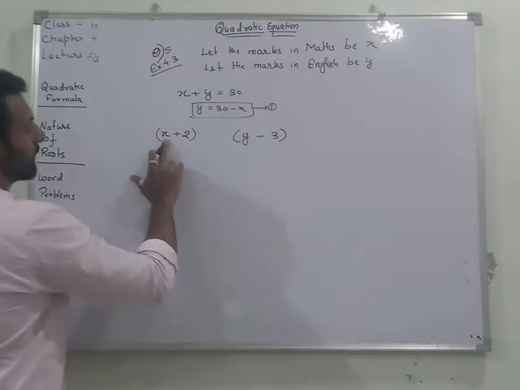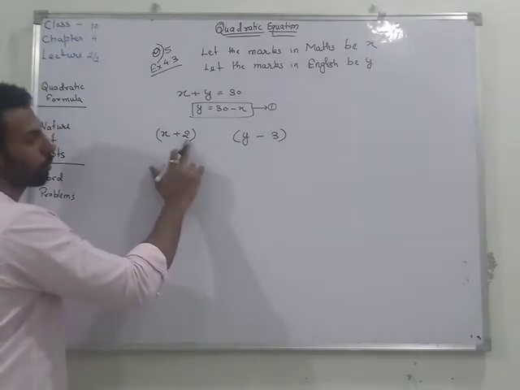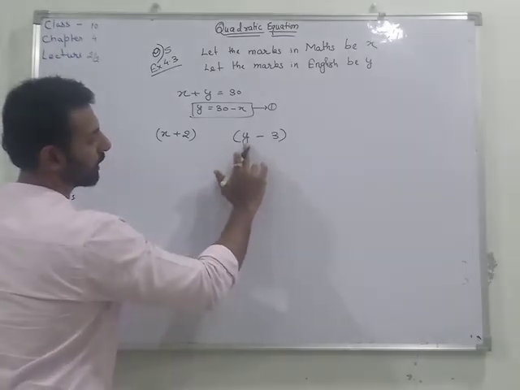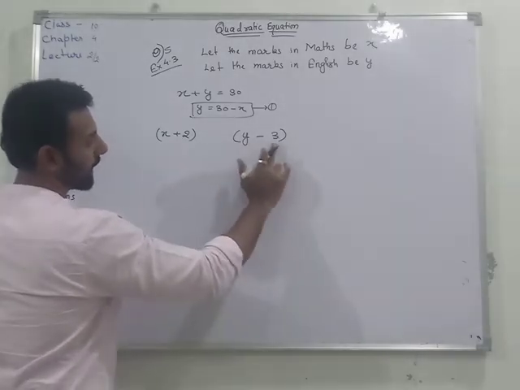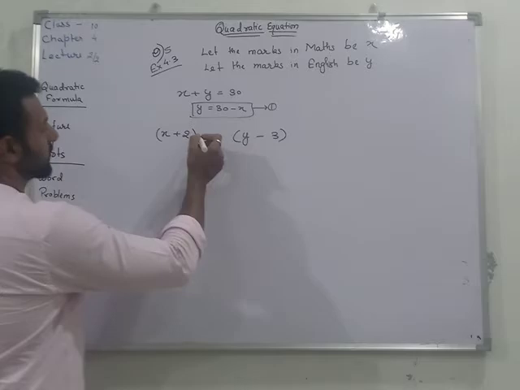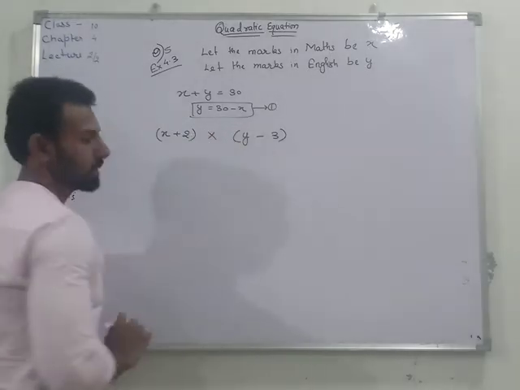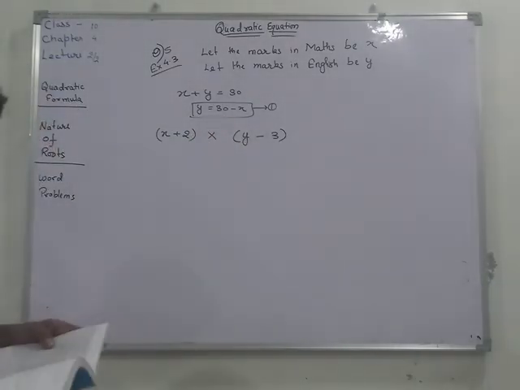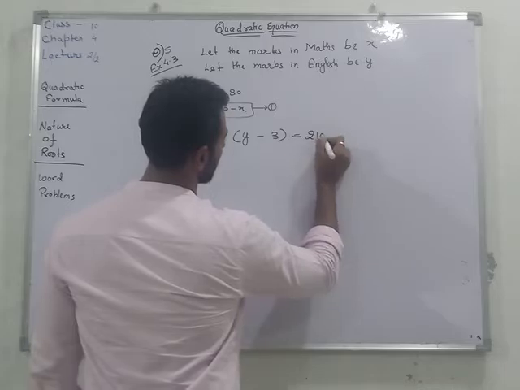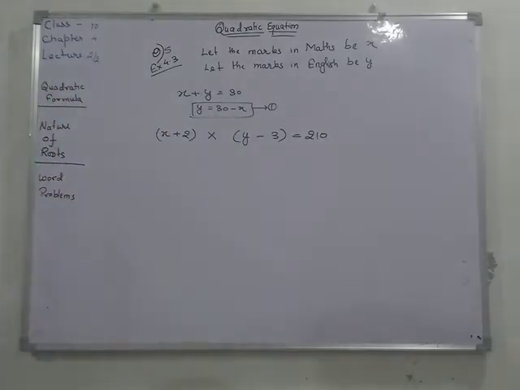So the marks in mathematics are 2 more, meaning adding 2, x plus 2, and the marks in English are 3 less, so y minus 3. The product, meaning multiplication of these marks, is equal to 210. Find the marks in each subject.